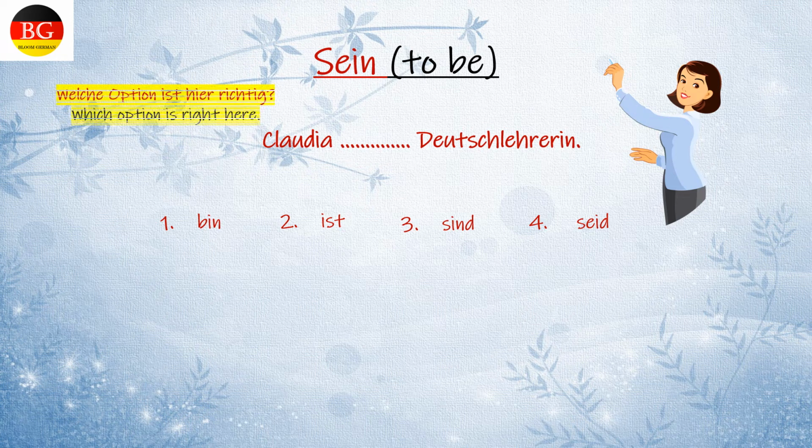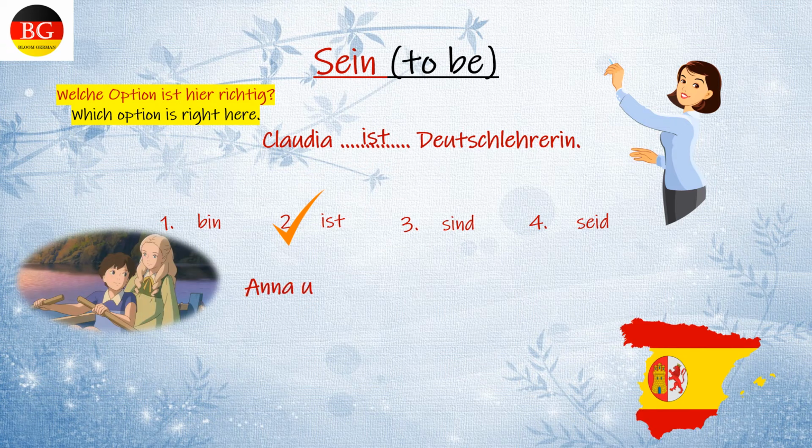Welche Option ist richtig? Yes, you all are correct. The option is ist, because Claudia is the third person singular, so sein will be conjugated as ist. Let's move on to another practice example.